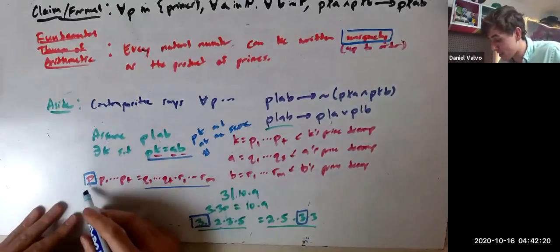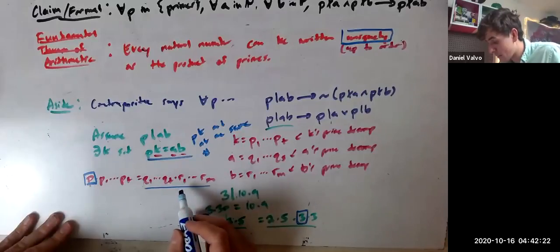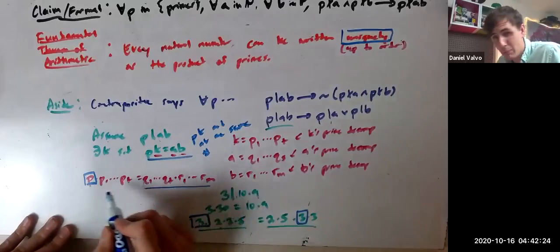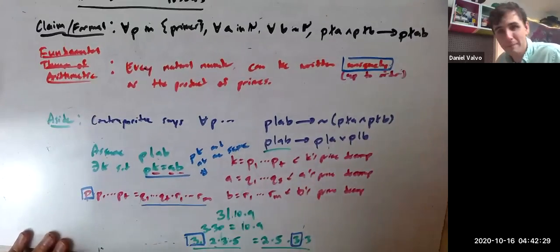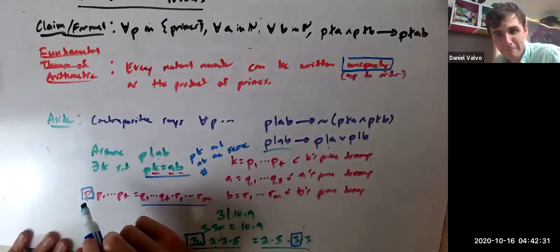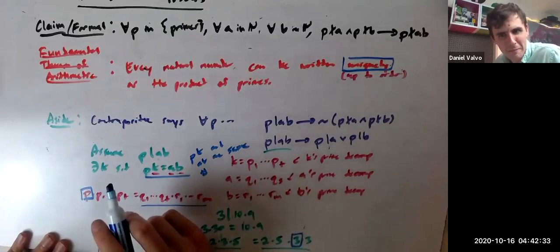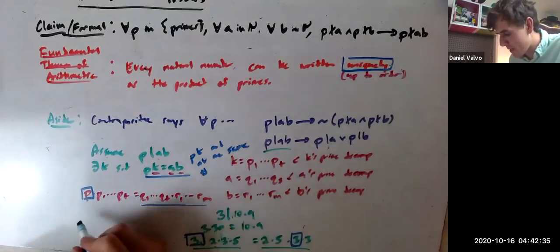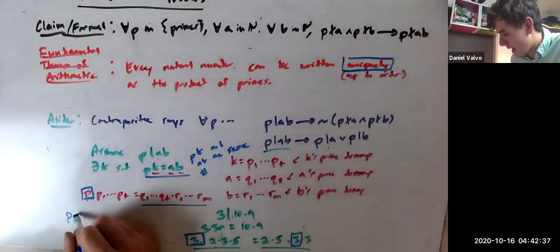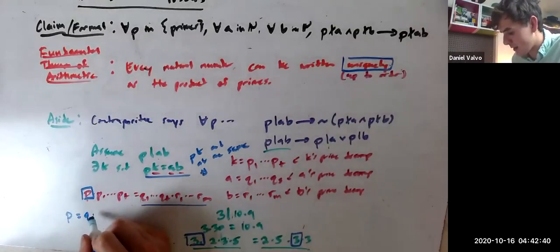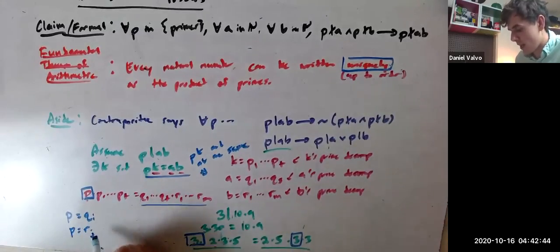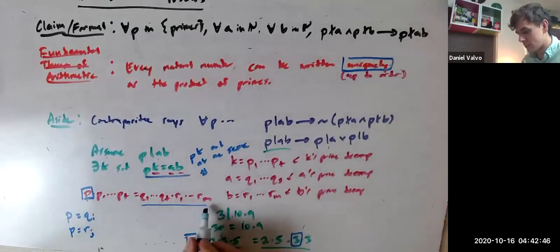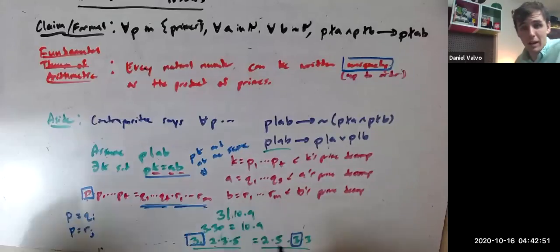If P doesn't show up over here, that means this prime decomposition is different from this one, and we know that can't be true because prime decompositions are unique. Is this making sense? So P has got to equal Qi for one of these i's, or it's got to equal Rj for one of these j's. It's got to be in here or here.